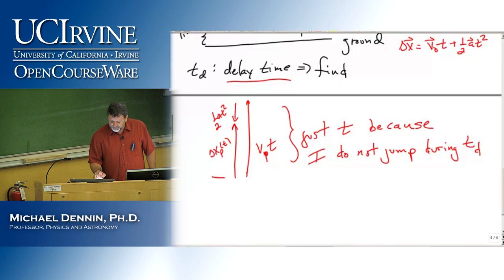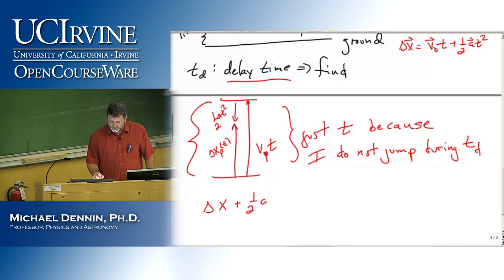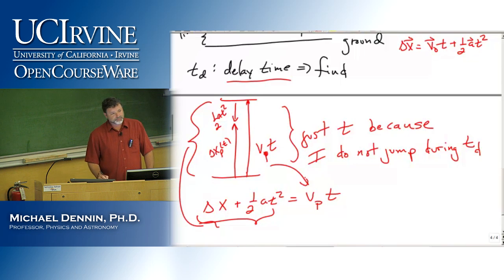So for both of these cases, I have from my picture a delta x plus a 1/2 at squared equals a vpt. That's the sum of these two things is equal to that.